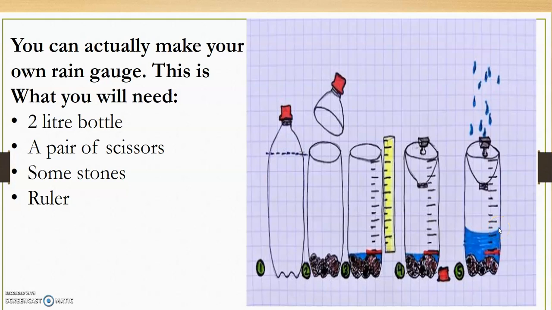If you want to read how much rainfall, for example, has fallen in a week, you need to be doing it on a daily basis, okay? Because if you don't do that, some of the water evaporates. So on Monday, if there has been some rain, you record how much rain has fallen and you write it down. On Tuesday, you do the same.